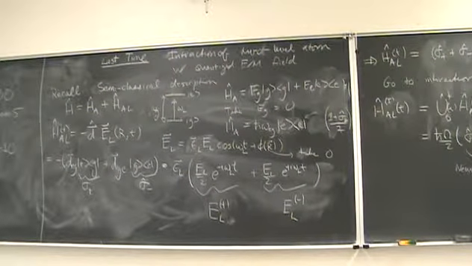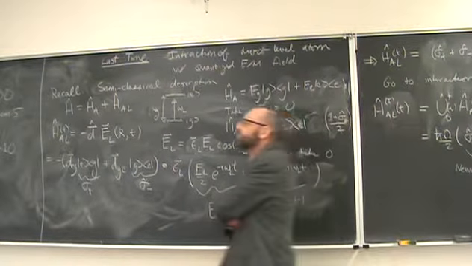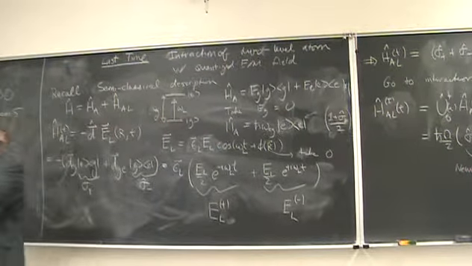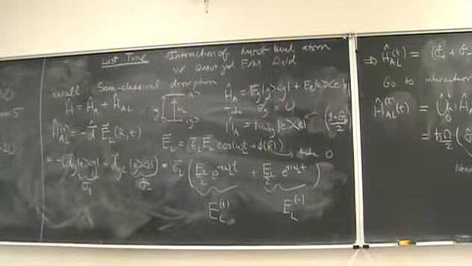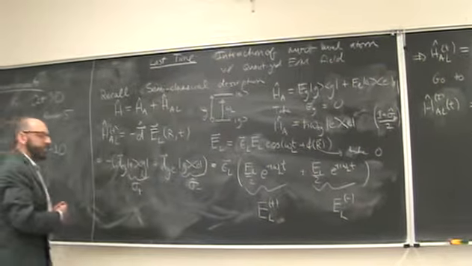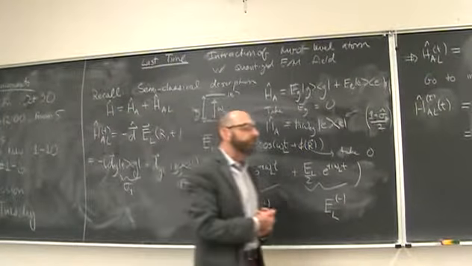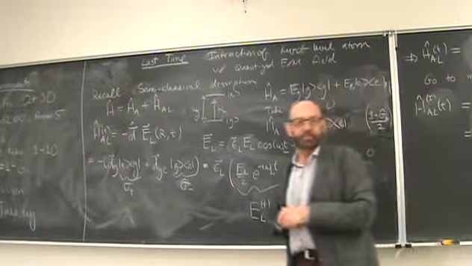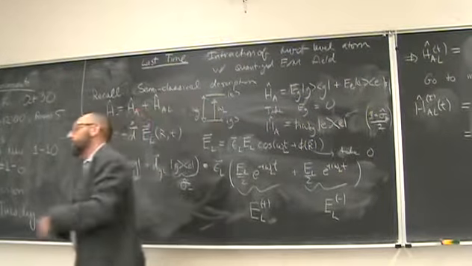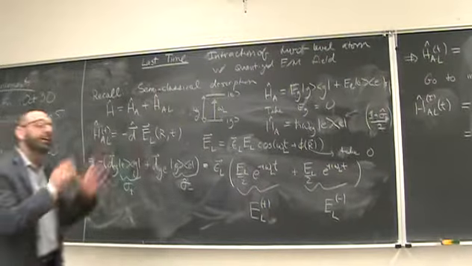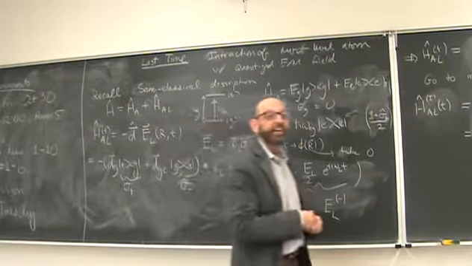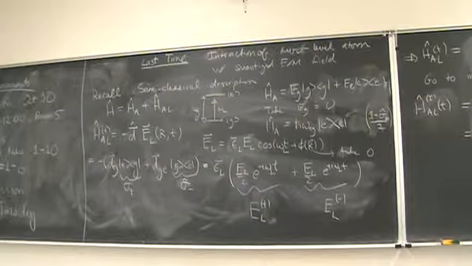So let's just talk about it now anyway, because the connections with the quantized field are important. Let's remember what we've done when thinking about the interaction of light and matter in the so-called semi-classical description. It's called semi-classical because we're treating the matter quantumly, but we're treating the electromagnetic field classically. That's the semi-classical. Okay?